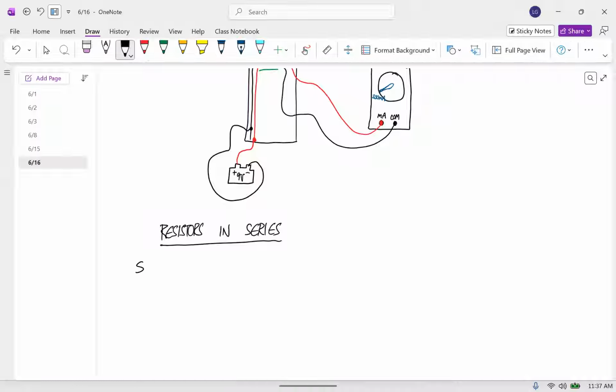So series, I mentioned, any devices in series means that all the electricity that goes through the first one then goes through the second one. So all the current that goes through the first one has to go through the second one.